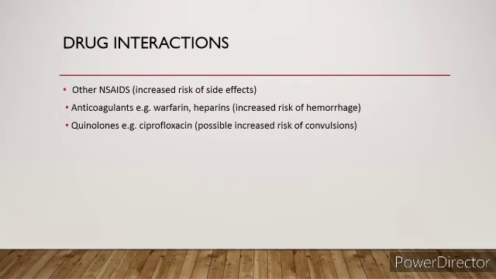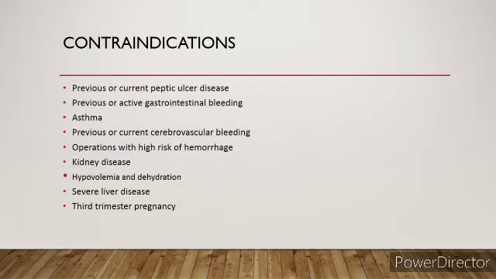Then lastly, we shall talk about the quinolones, like cipro or ciprofloxacin, where there are increased risks of convulsions. Then contraindications. Where should we give with caution, or where should we not give? People with previous or current peptic ulcer disease.